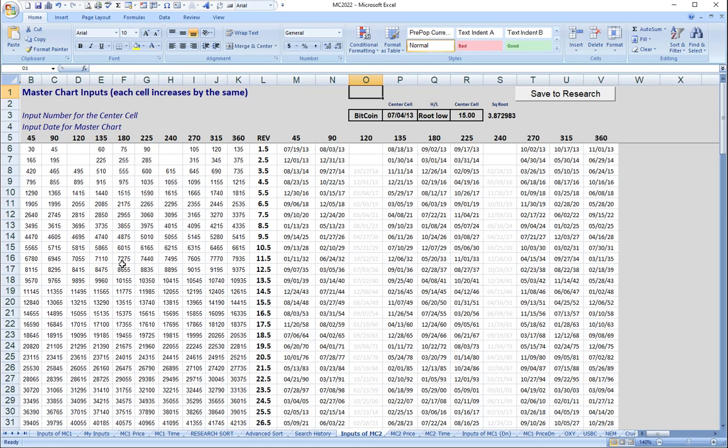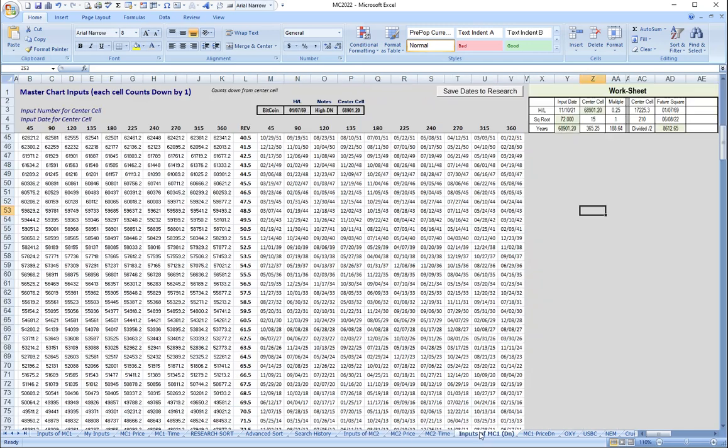So the square root breaks it down a little bit more. And then I also included the master chart down, and the all-time high date was November 10th, 2021. It's 68,901.